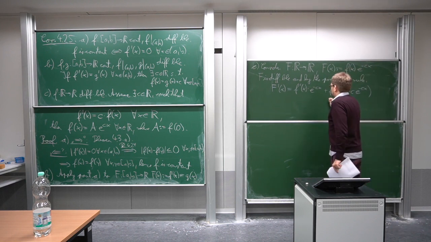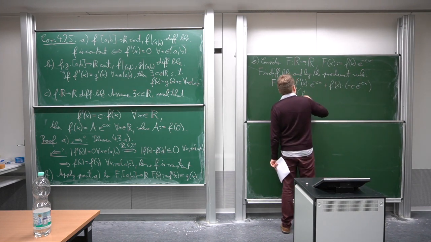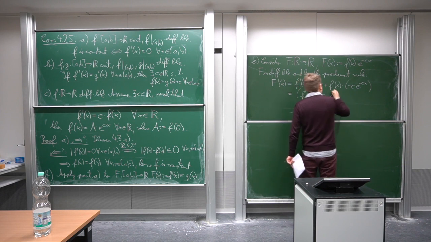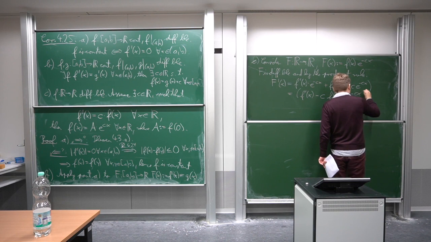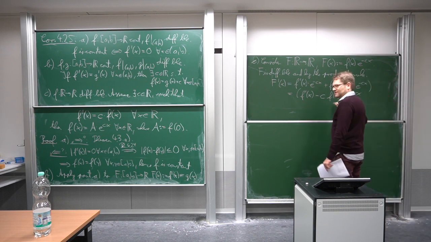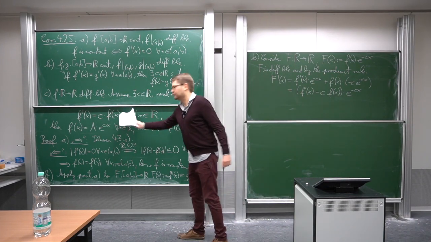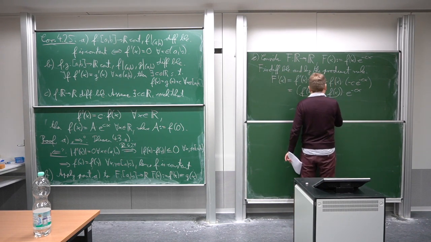Now, if we factorize this and pull out e to the minus cx, this is simply f prime of x minus c f of x, and the whole thing times e to the minus cx. Now you see why we did this, because we assumed that this here is 0. This was the assumption of part C. So this was our differential equation. So this here is simply 0.